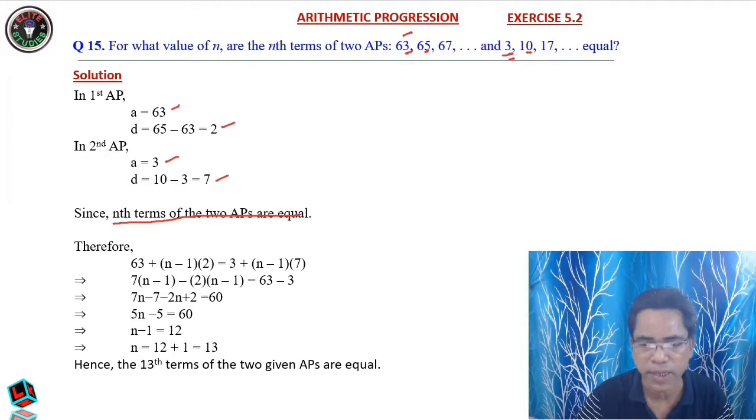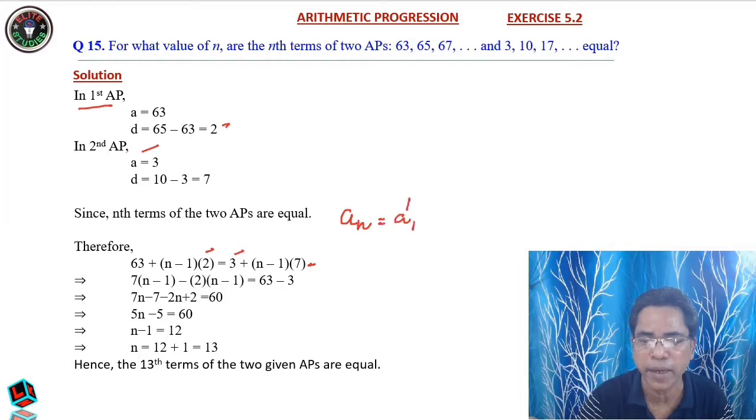So, what is the nth term of the two APs? In the first AP, it is 63 plus n minus 1 into d, where d is 2. And in the second AP, the nth term will be 3 plus n minus 1 into d, where d is 7. So a n will be equal to a dash n, where a n is the nth term of the first AP and a dash n is the nth term of the second AP, and according to the question, these two are equal.